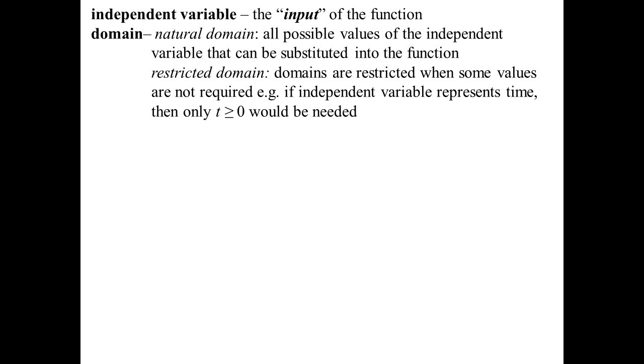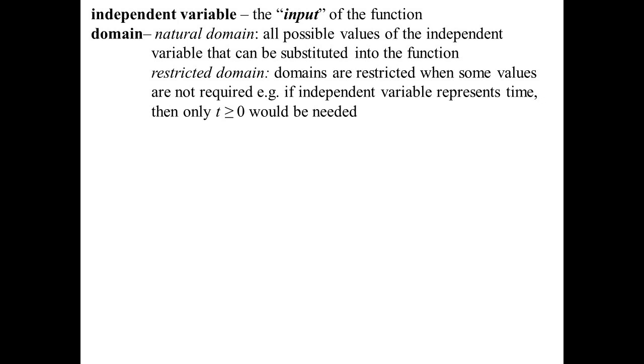Independent variable. So it's like the input of our function. So it's independent because we have free choice. We can put in whatever number we like, as long as it fits in what we call the domain of the function. Sometimes called the natural domain, same thing really. So it's every possible value we could substitute into the function, and that becomes the domain of the function.